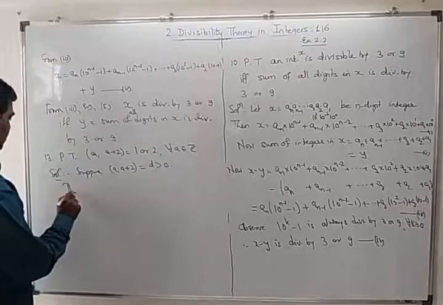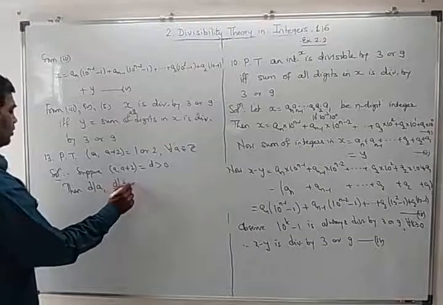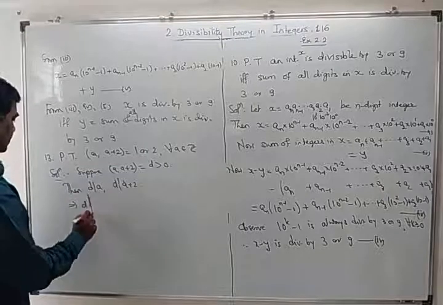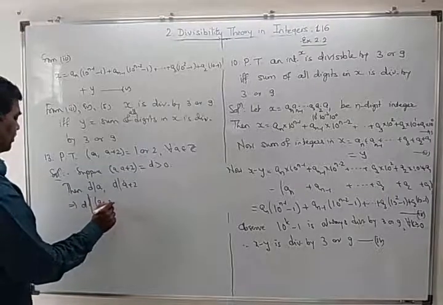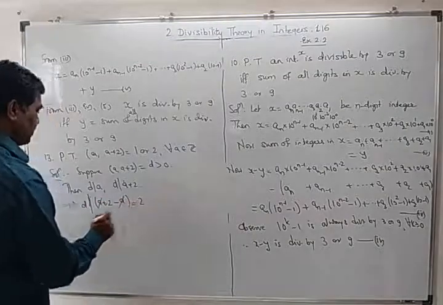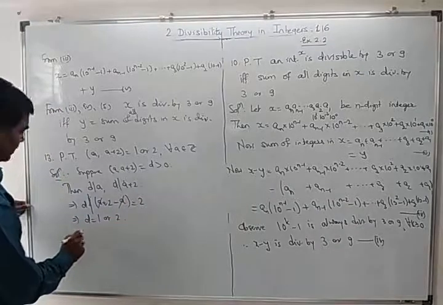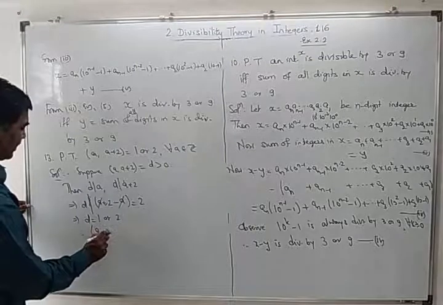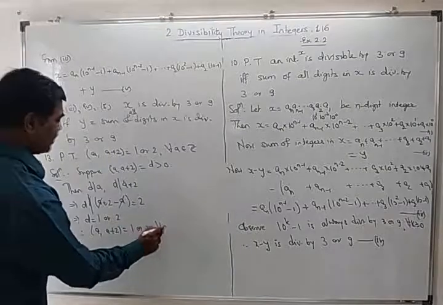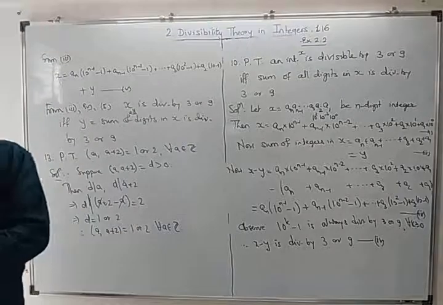Then d divides a plus 2, which implies d divides a plus 2 minus a, which is equal to 2, so d equals 1 or 2. And therefore the GCD of a and a plus 2 is always 1 or 2 for any a belonging to Z.